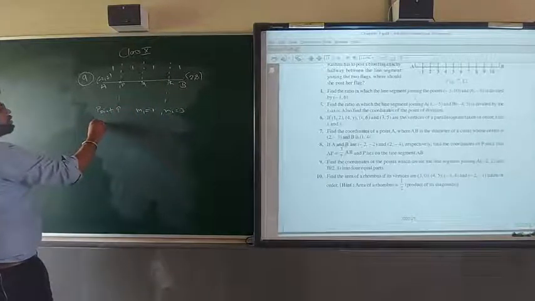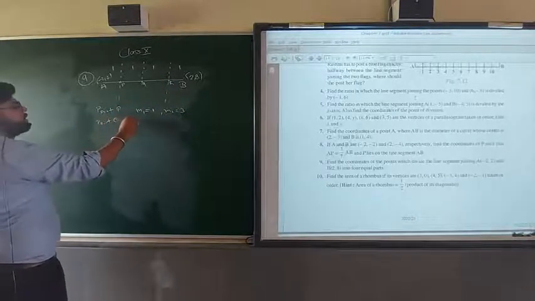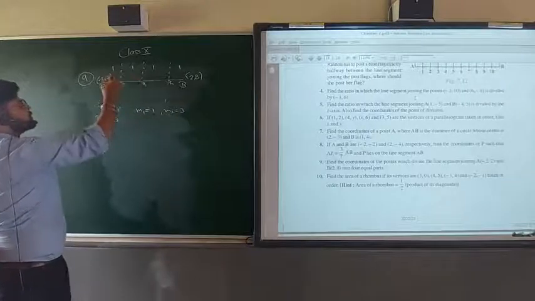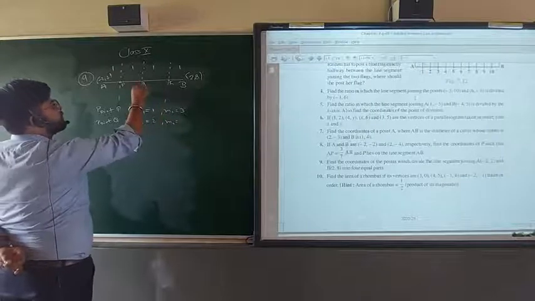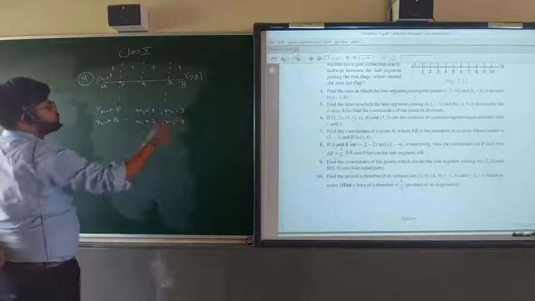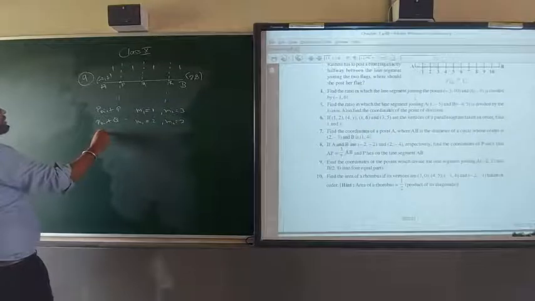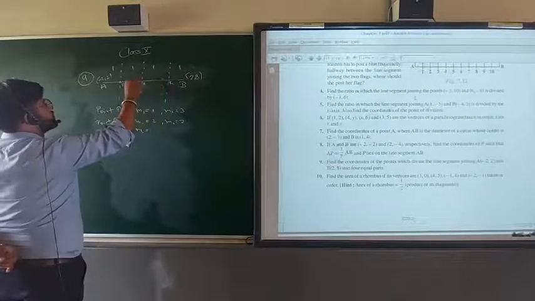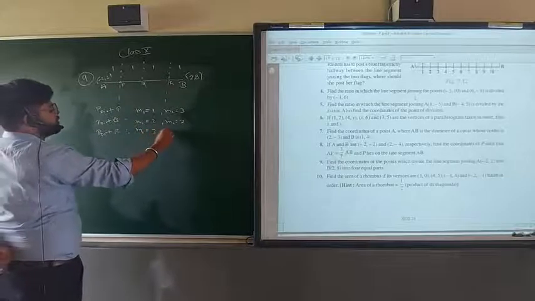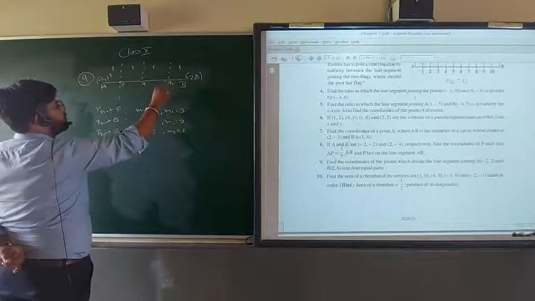Now point Q. The left-hand side M1 is 1 plus 1, which is 2. The right-hand side M2 is 1 plus 1, here also 2. The last one is point R. M1 is 1 plus 1 plus 1, which is 3, and M2 is 1.